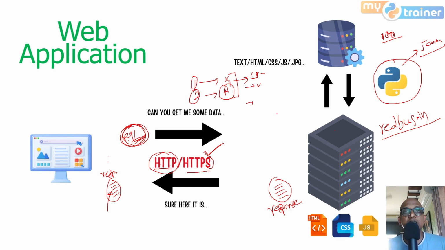For this request, the response is already fixed, and the server simply sends it. There is no dynamic calculation. All responses for each and every request are predefined. That is the difference between static and dynamic websites. Any website that contains dynamic responses is a dynamic website or dynamic web application.